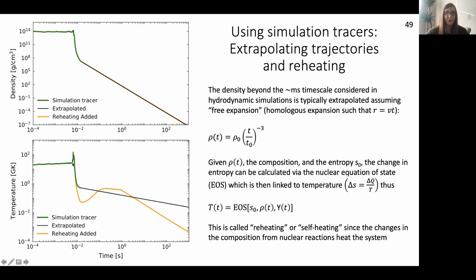Here's your simulation tracer. This is what you would get if you just assumed, okay, I'm just going to take this trend and extrapolate. And this orange is what you get when you do this more correctly and you account for reheating or self-heating. It's a really important thing to consider within conditions that fission, within conditions that are very, very neutron rich and go all the way up to those actinides.